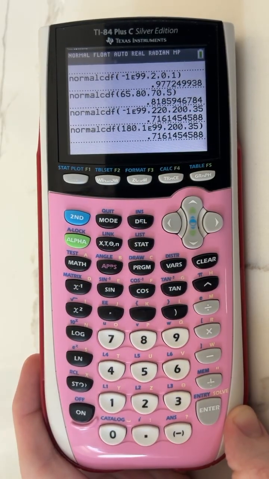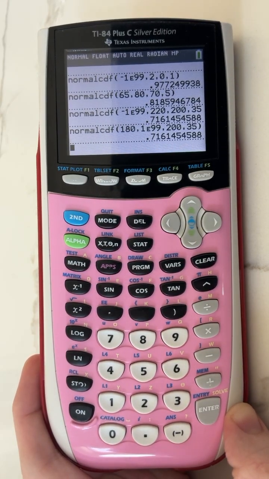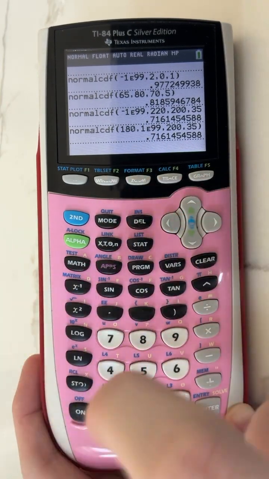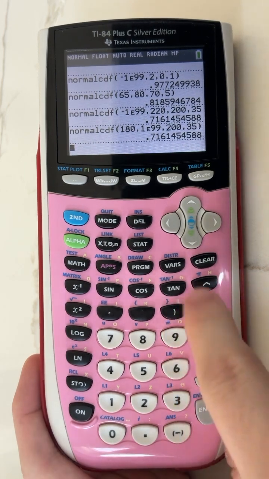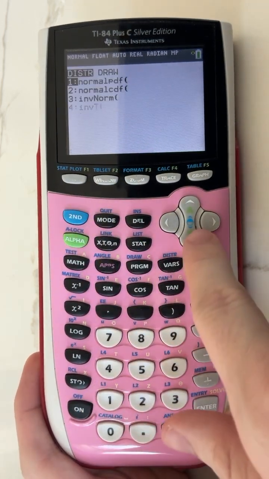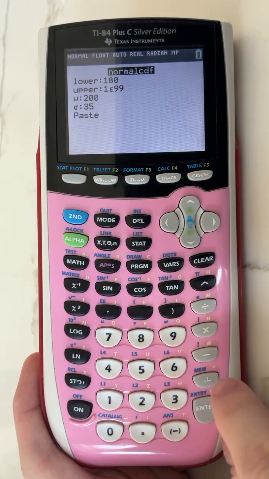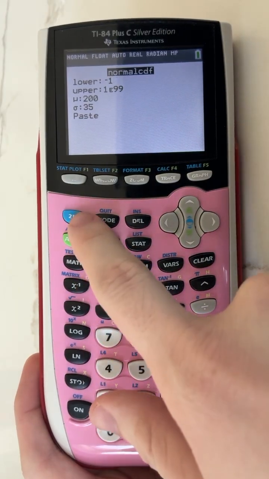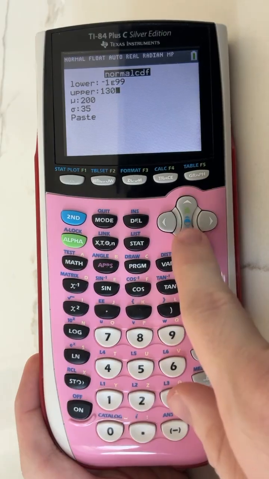Now let's find out the probability that an adult male in the US weighs less than 130 pounds or more than 300 pounds. So we'll have two disjoint regions, so we'll add them together. A person cannot be both less than 130 and more than 300. So what we'll do is we'll go into second vars again, normal CDF. We'll see if we want them to be less than 130, we'll put lower as the super huge negative number, and then up to 130.